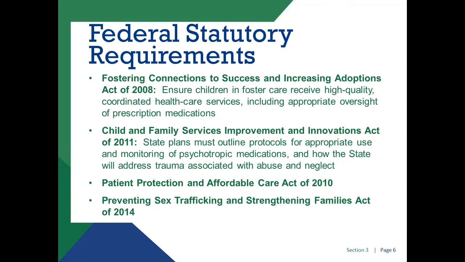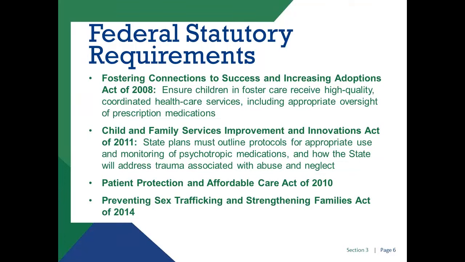And other laws that also play an important role are the Fostering Connections to Success and Increasing Adoption Act, which was designed to promote high-quality, comprehensive, and coordinated health care services. And then Fostering Connections was followed by the Child and Family Services Improvement and Innovations Act. And, of course, in the middle of this mix came the Patient Protection and Affordable Care Act.